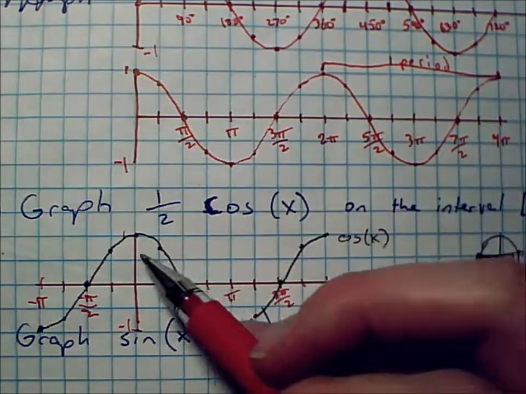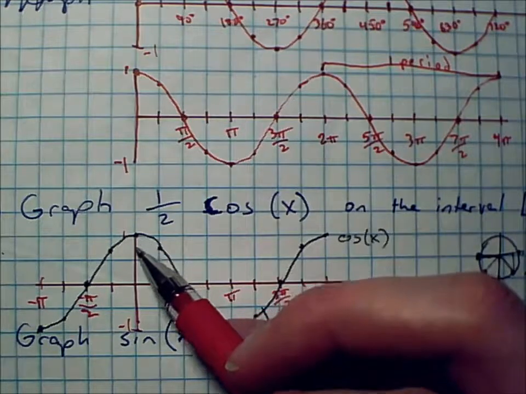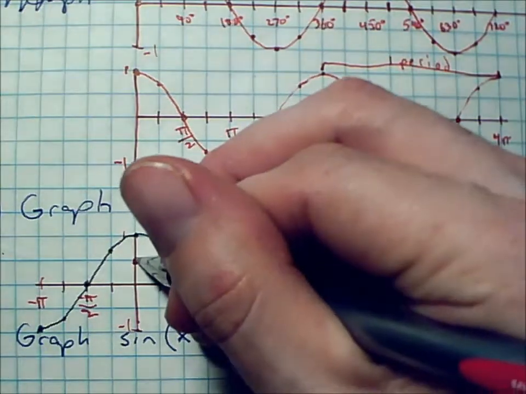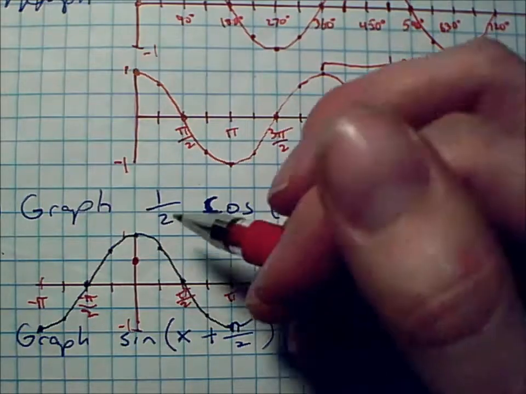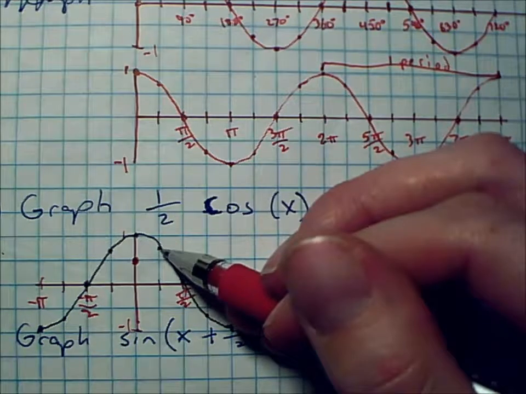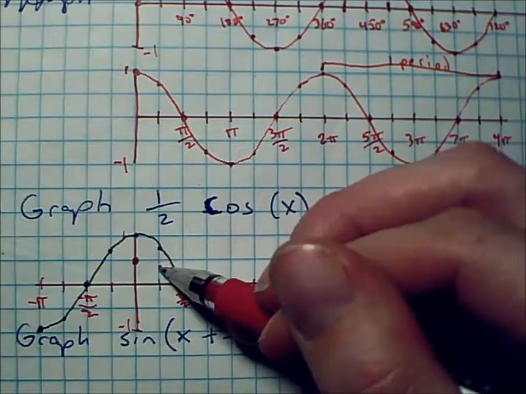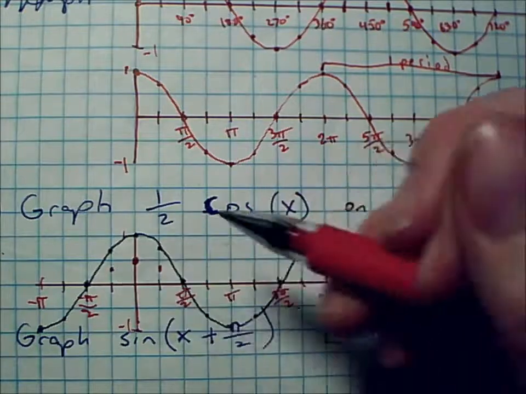So for instance, if I multiply the y value here by 1/2, the y value is 1, half of 1 is 1/2. If I multiply the y value here by 1/2, it's 0.7-ish, so I should get like 0.35, something like that. Same thing for this guy.